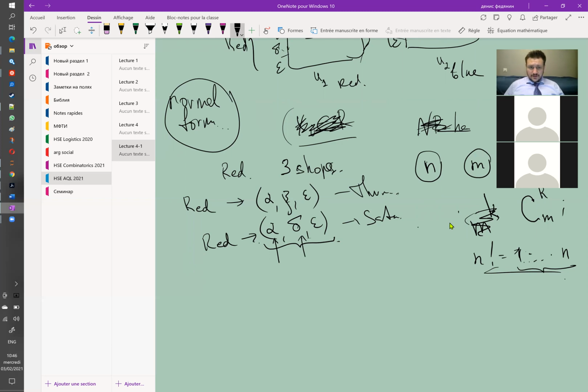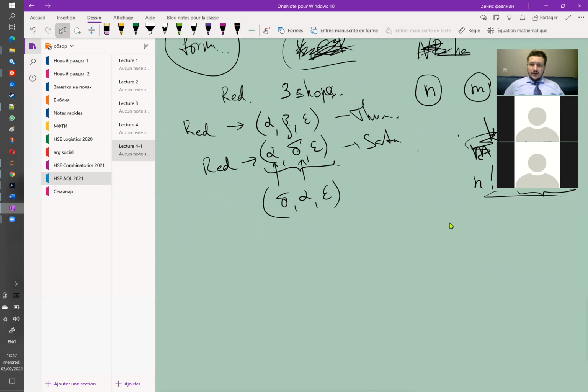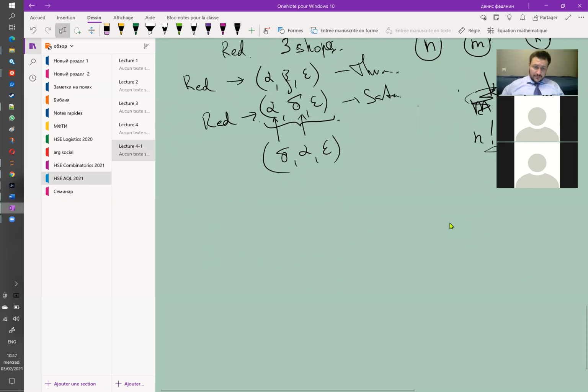In this case, this situation is not the same, because it means that the supermarket is in spot alpha here, and here it is in spot delta, so it differs if they have several types of shops. But I don't know if we will consider different types of shops. Maybe it's enough to consider just very ordinary shops here.